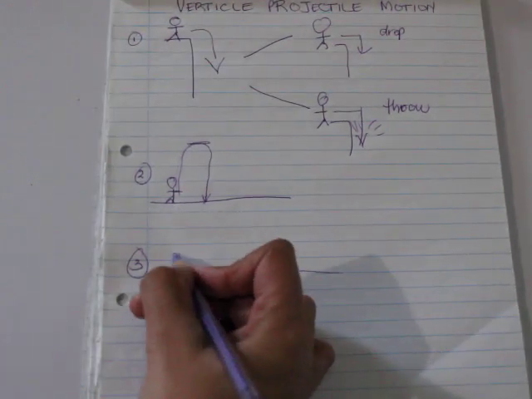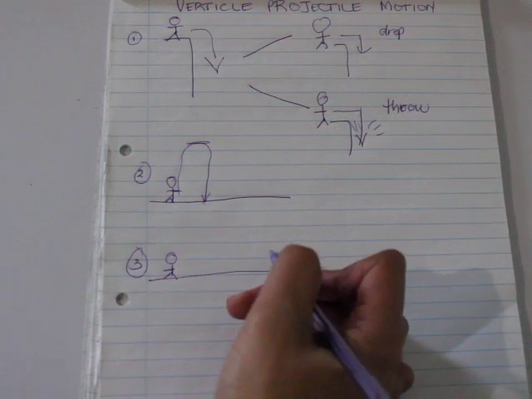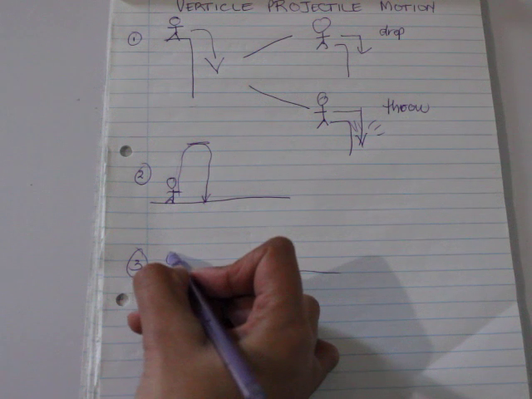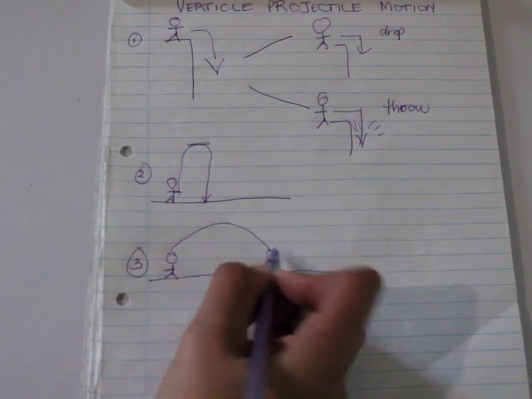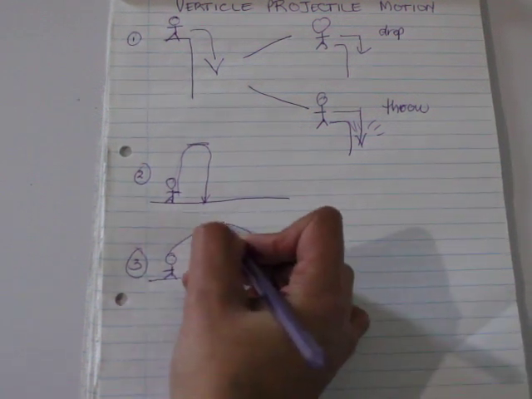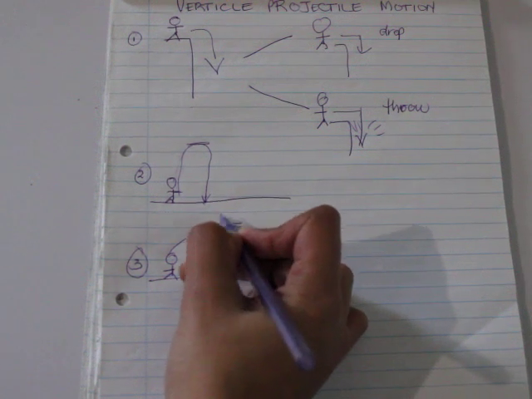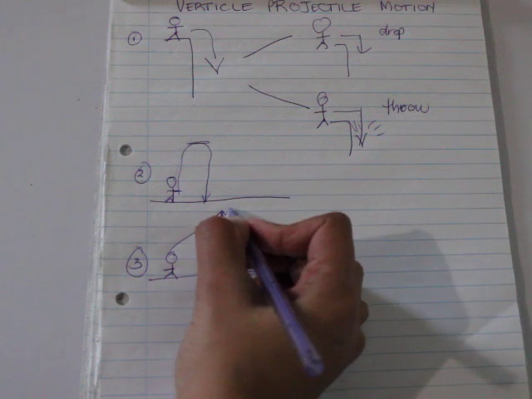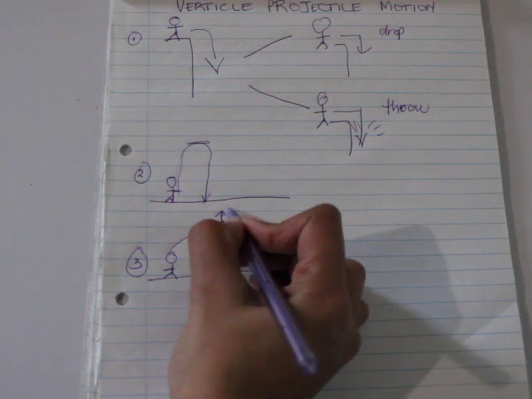is a person or two people standing on the horizontal plane and they are throwing a ball to each other, which causes a combination of vertical and horizontal movements.